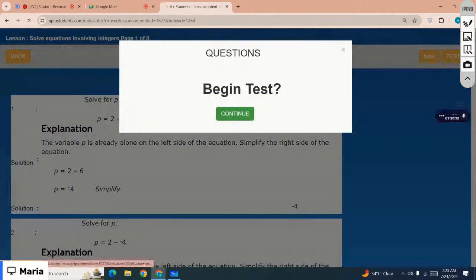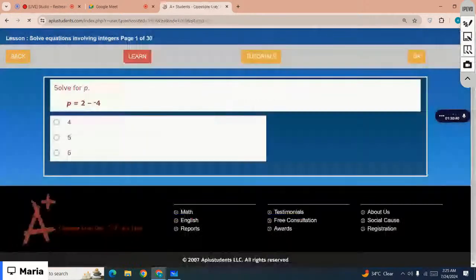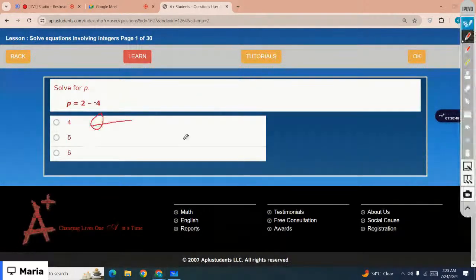Okay, let's just start with the test questions. Okay, solve for p. p equals 2 minus negative 4. So we were working on integers, right? You need to recall how we solve integers.